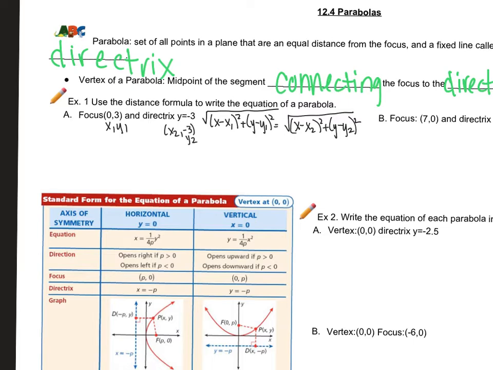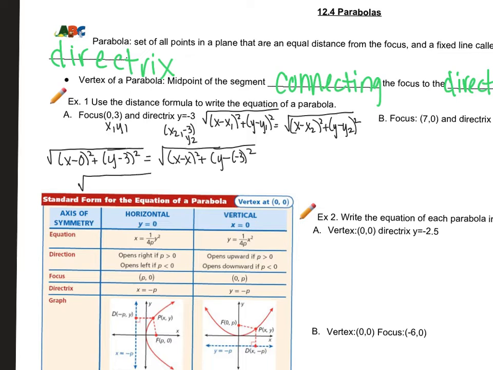So when I go ahead and fill it into this formula, I get (x minus 0) squared plus (y minus 3) squared equals (x minus x) squared plus (y minus negative 3) squared. Because everything's squared, it's kind of cool what gets to happen here.